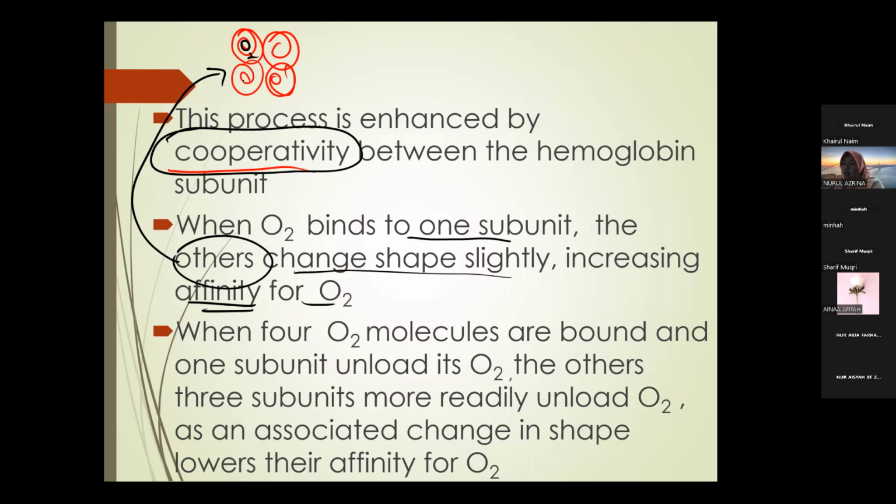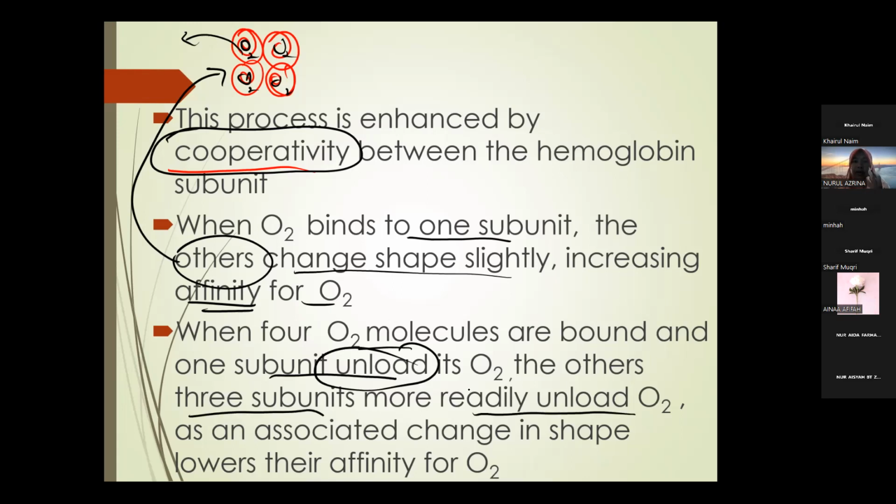So that more oxygen can be loaded by the hemoglobin. The same goes when apabila satu hemoglobin subunit unloads its oxygen, dia lepaskan oxygen dia, the other 3 subunits become more ready to unload oxygen.